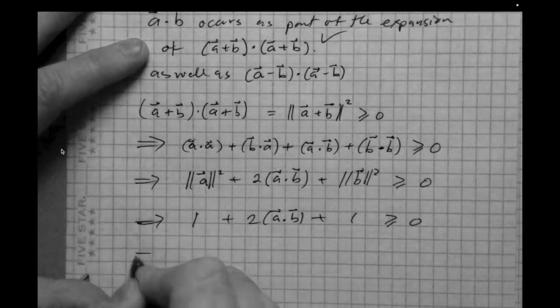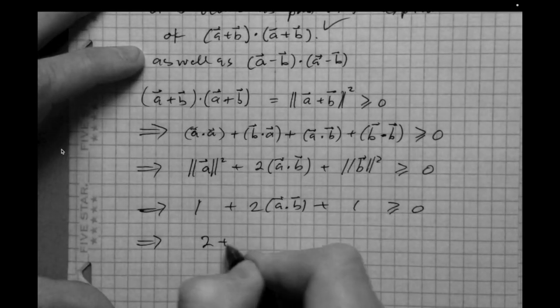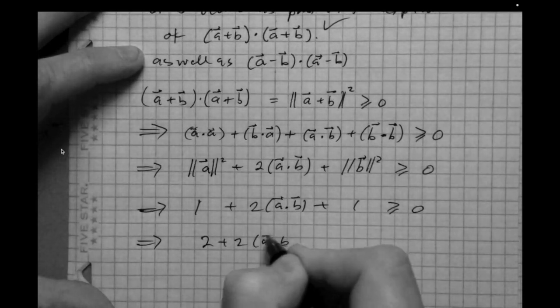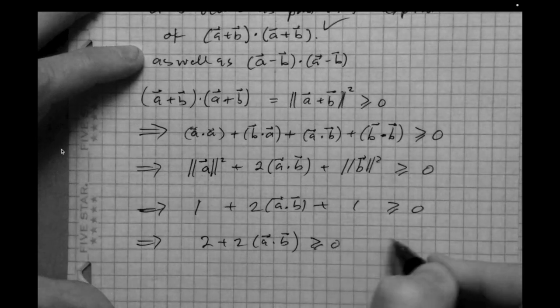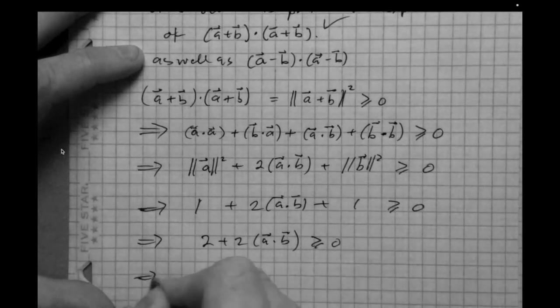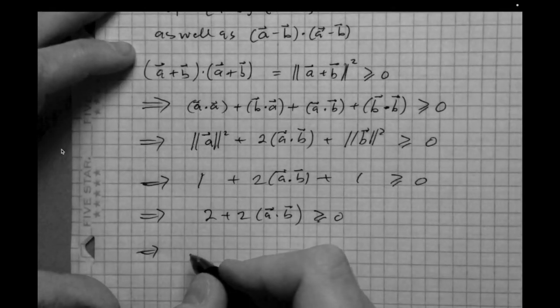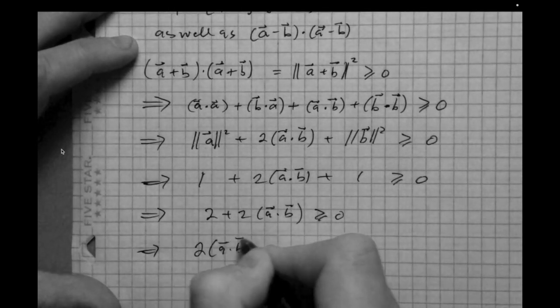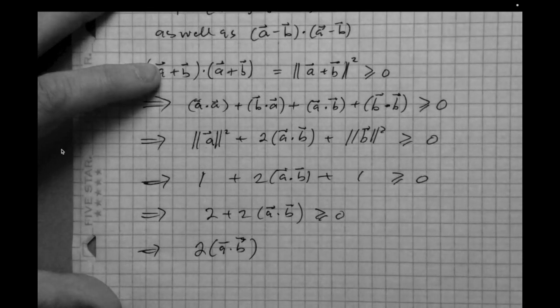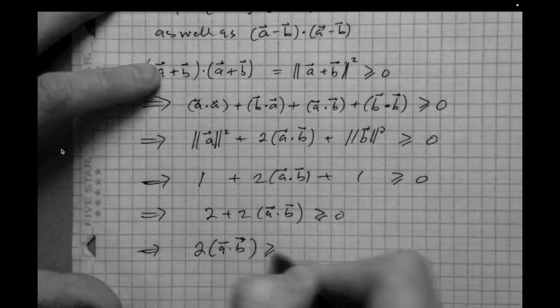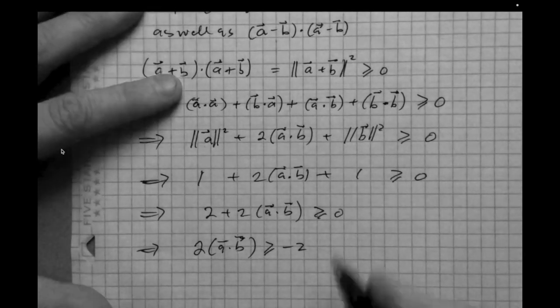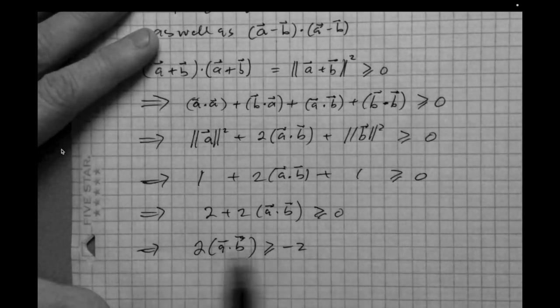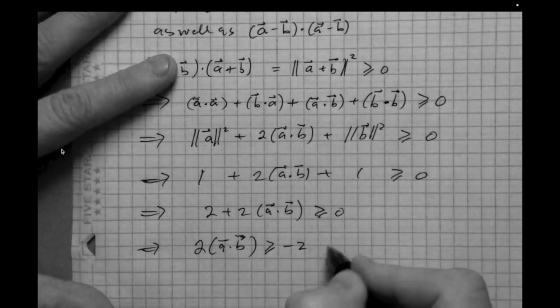And so obviously that means I've got 2 plus 2 a dot b is greater than or equal to 0, implying that, let's see, twice a dot b is greater than or equal to -2, right? And so at this point I can divide by 2.